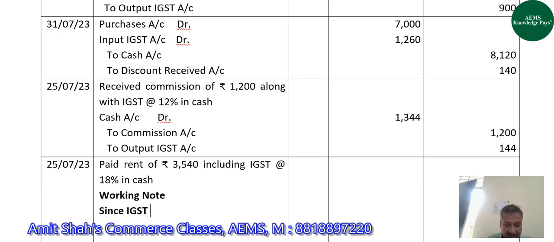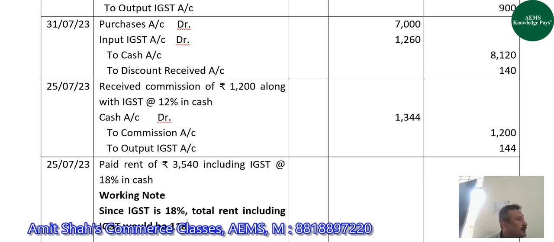So since IGST is 18%, total rent including IGST would be 118.